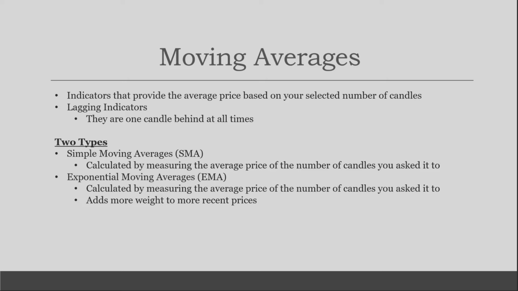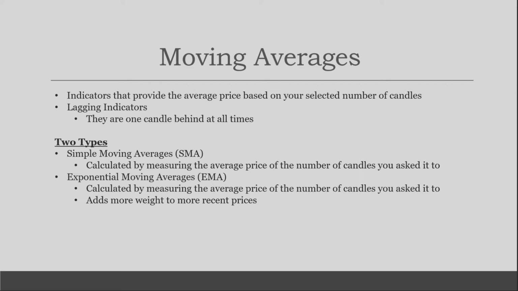The first being the simple moving averages, better known as SMA or MA. They are calculated by measuring the average price of the number of candles you asked it to. For example, if you were to state SMA 14, it would look at the average price based on the previous 14 candles, not including the current candle.